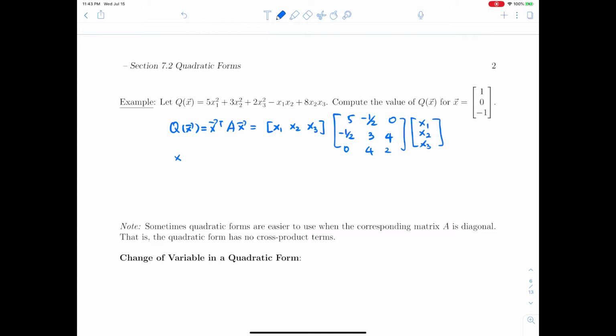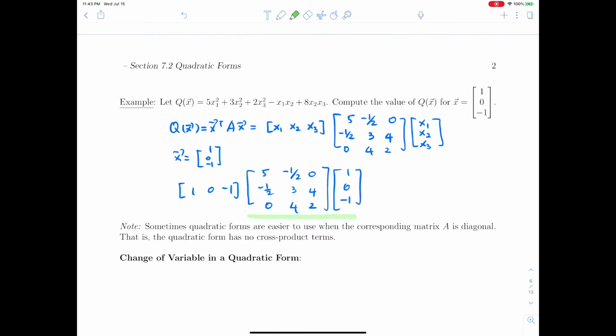If you plug in the vector x equals 1, 0, -1, then we get 1, 0, -1 times the matrix A, and you multiply this by 1, 0, -1.